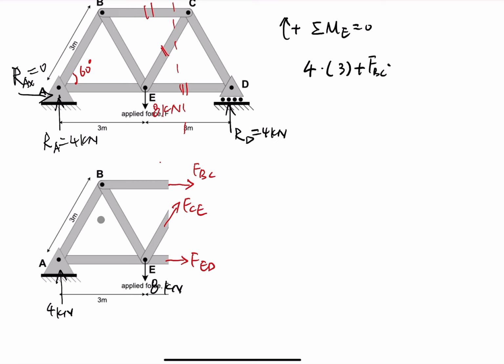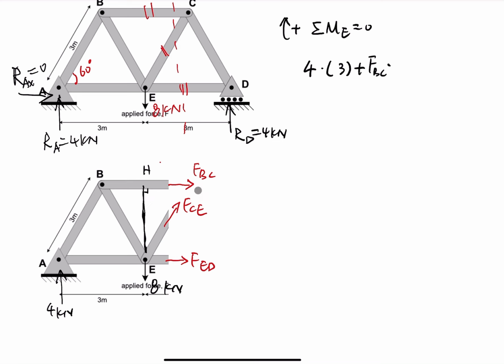So the lever arm is showing here. This is the lever arm, and we see this is H. Okay, we need to calculate EH. This is the lever arm of FBC. How to calculate EH?